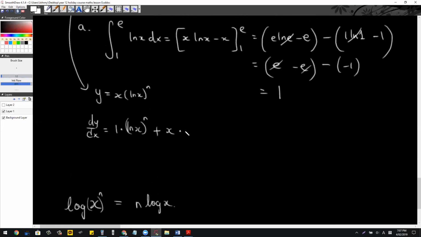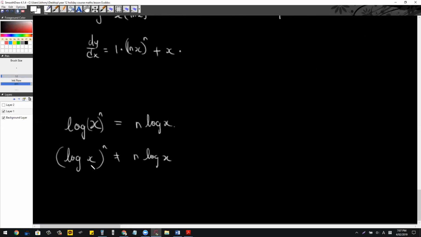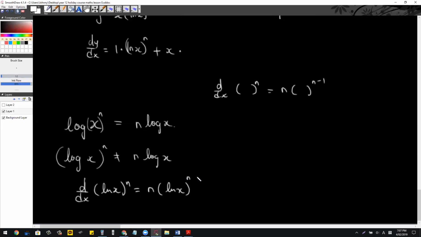Now we have to differentiate the ln x to the power of n. But we know that the differentiation of anything bracket to the power of n is n bracket to the n minus 1. So this n comes out, and it's n ln x to the power of n minus 1, times, because the bracket is not x, we have to use the chain rule and multiply by the differentiation of the inside. That's 1 over x.